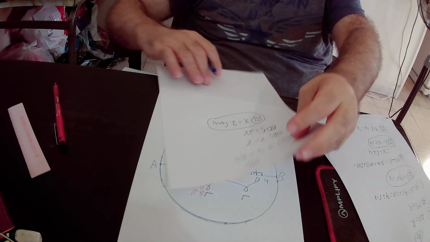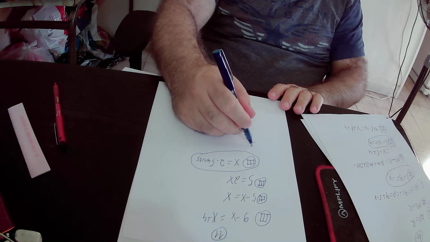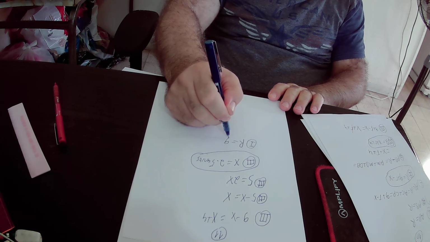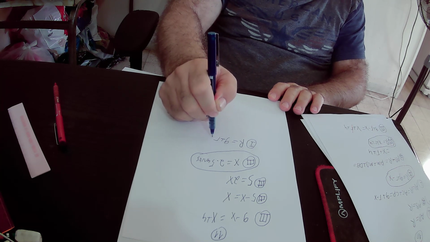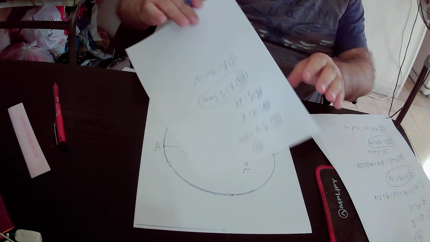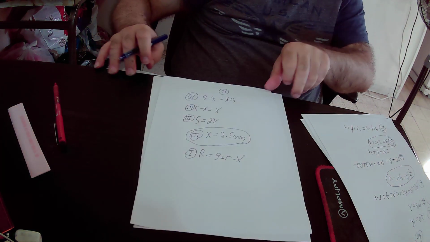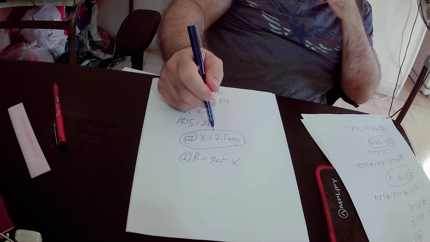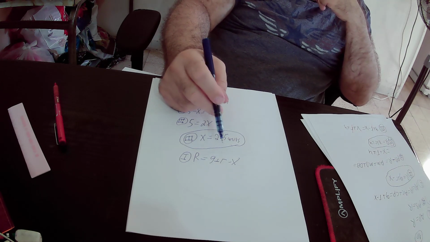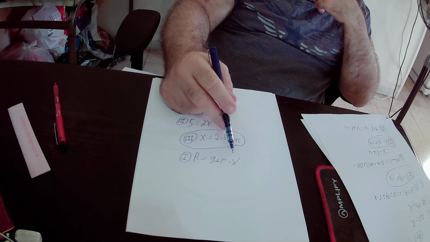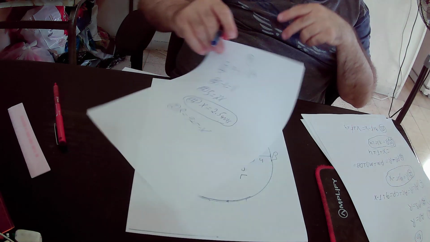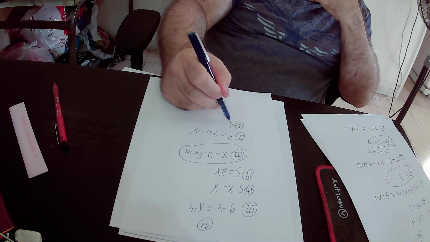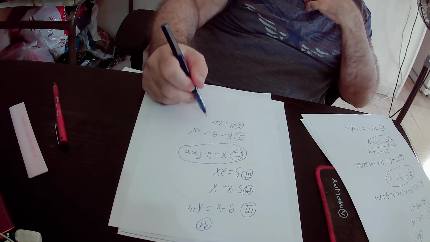We have equation number 1. According to equation number 1, the radius of the big circle equals 9 plus small r minus x. It states that capital R equals 9 plus r minus x, but we have already found out that the value of x is 2.5 units, so we can substitute x by 2.5 units, and what we will get is that capital R equals 9 plus small r minus 2.5.